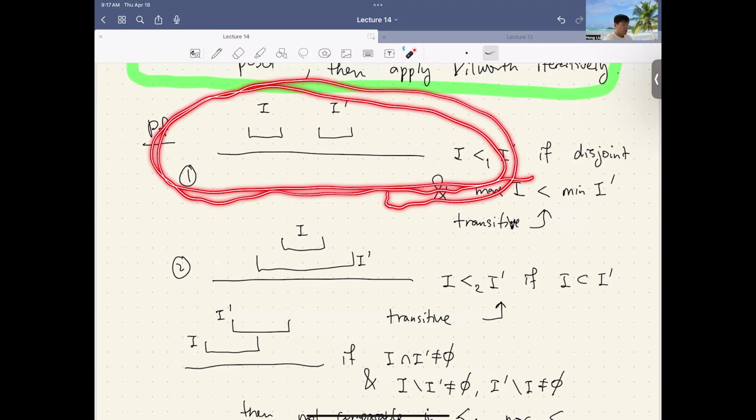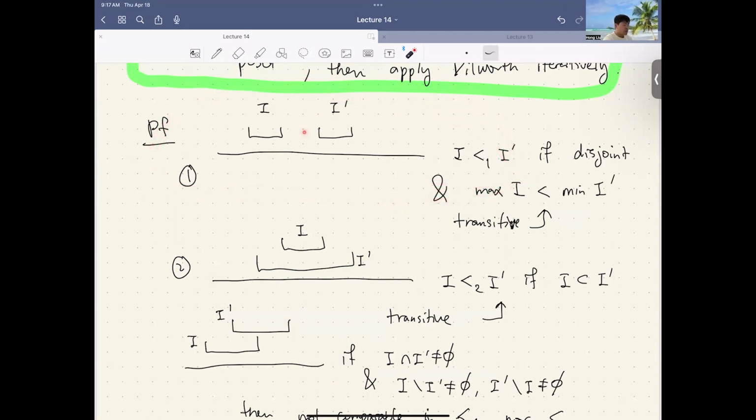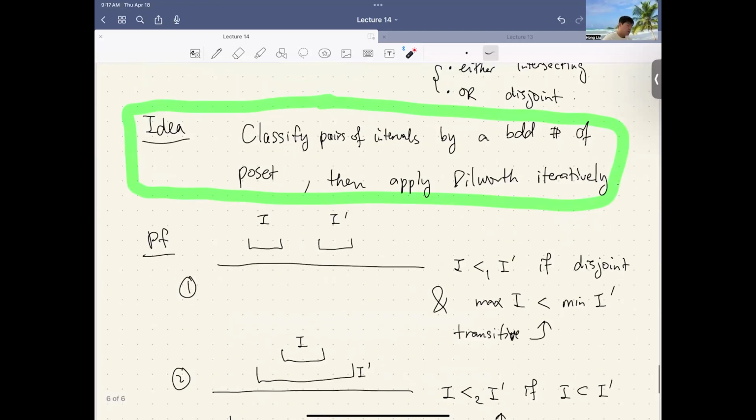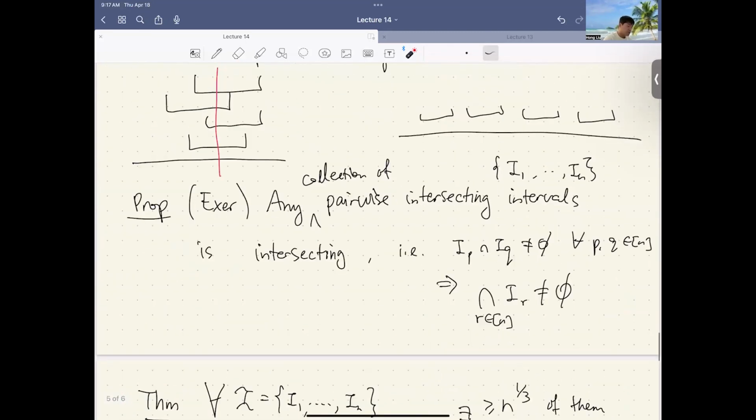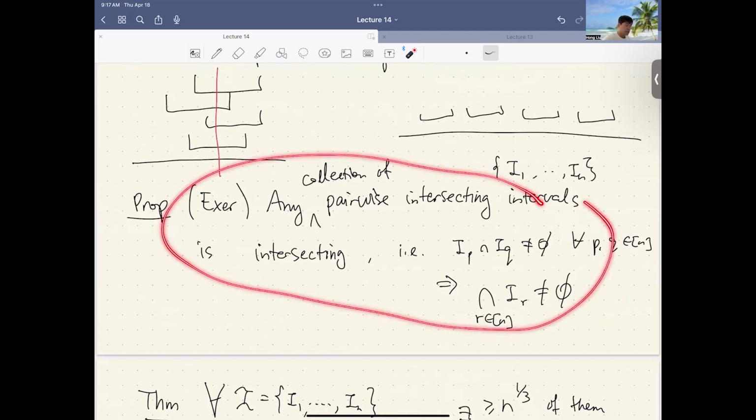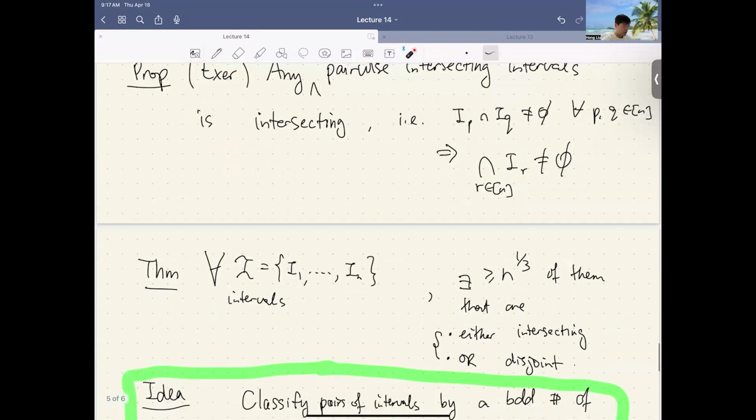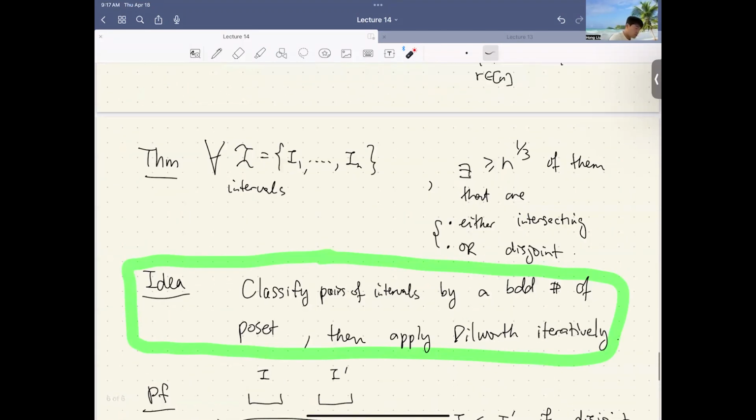So if they form an anti-chain in the first partial order, then that means what? They are pairwise intersecting by definition. And pairwise intersecting by this proposition means they are commonly intersecting. Then we are done. So I should have written it this way. So let me write it like this.